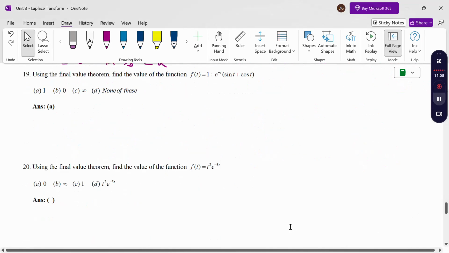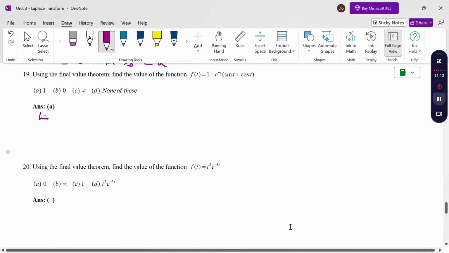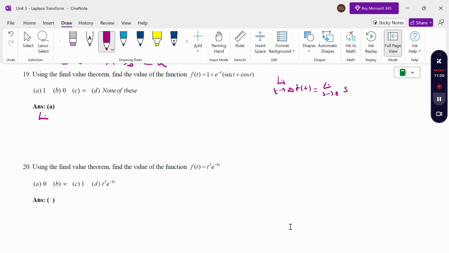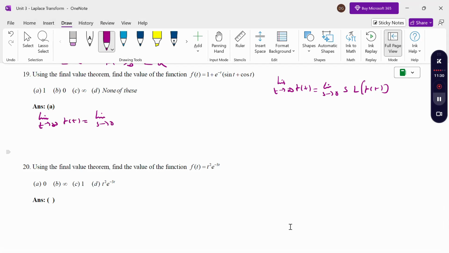And the final value theorem: limit t tends to infinity f of t equals limit s tends to 0 s into L of f of t. Therefore limit t tends to infinity f of t equals limit s tends to 0 s into L of 1 plus e power minus t sin t plus cos t.